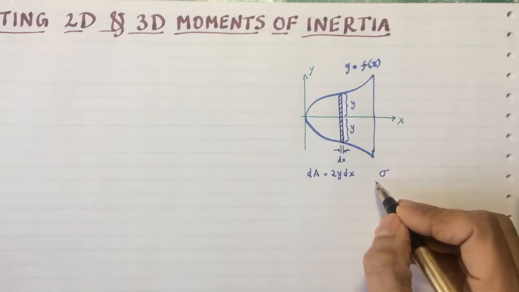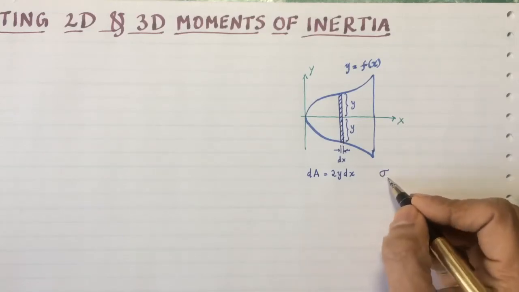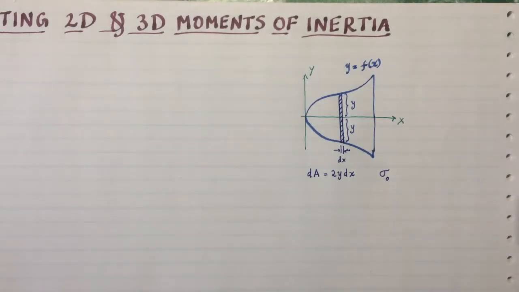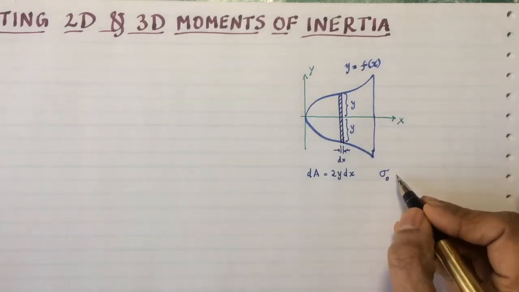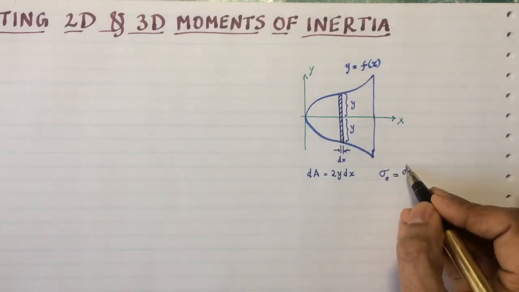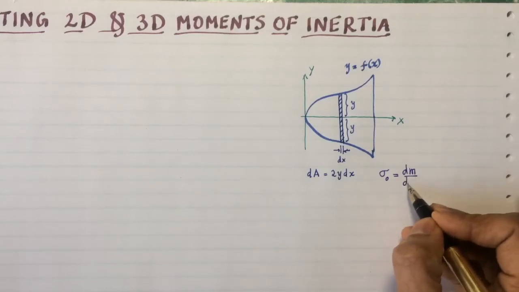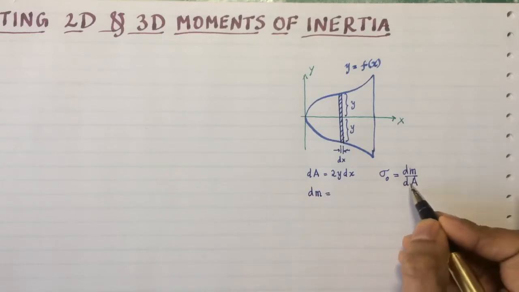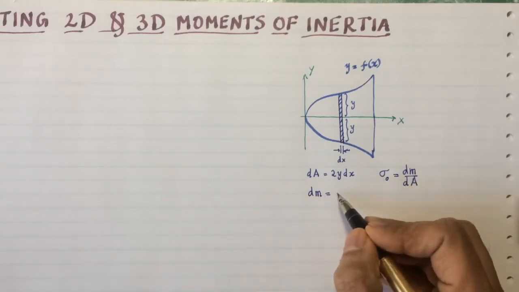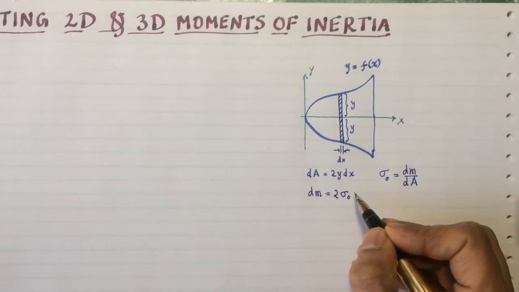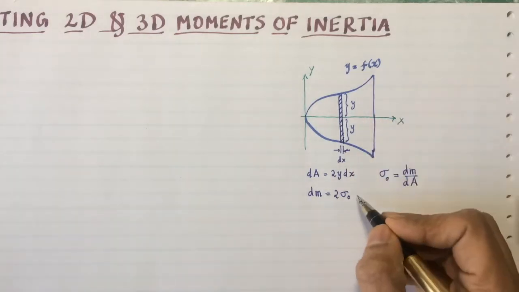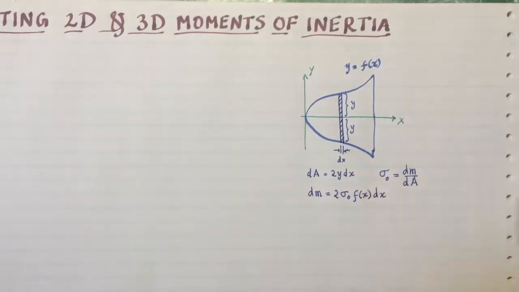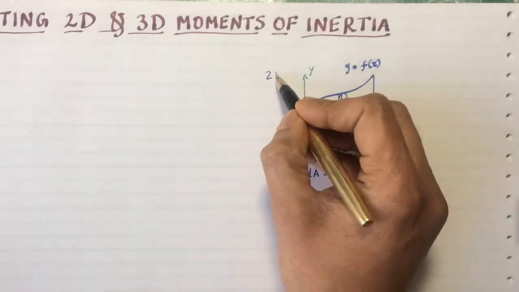So let's assume that the density is sigma naught, meaning that it does not change from place to place. And that's given by dm over dA. So the mass element dm is equal to sigma naught times dA. So that's going to be 2 sigma naught y dx, where y is a function of x. That's the basic setup for a two-dimensional object.